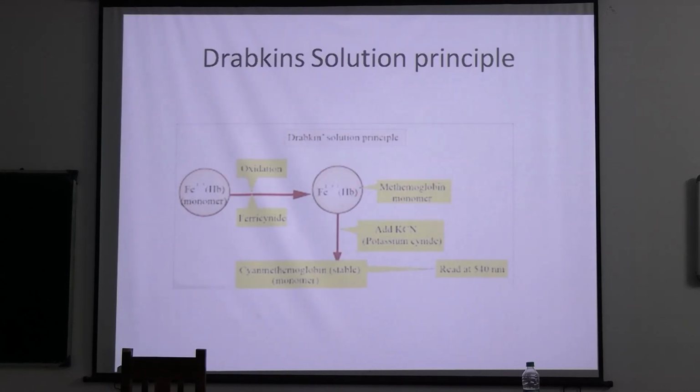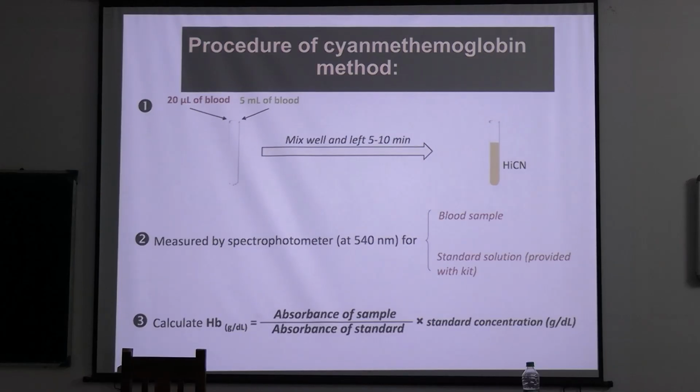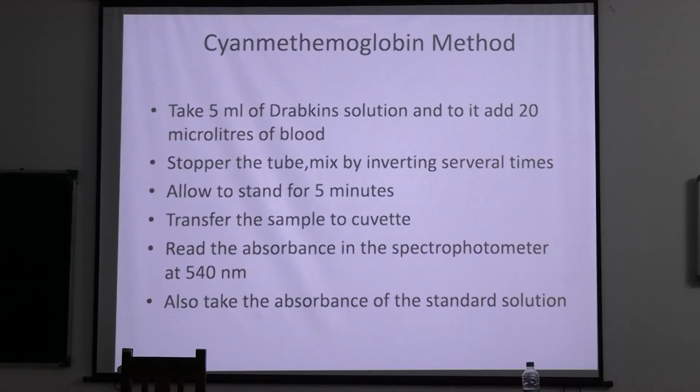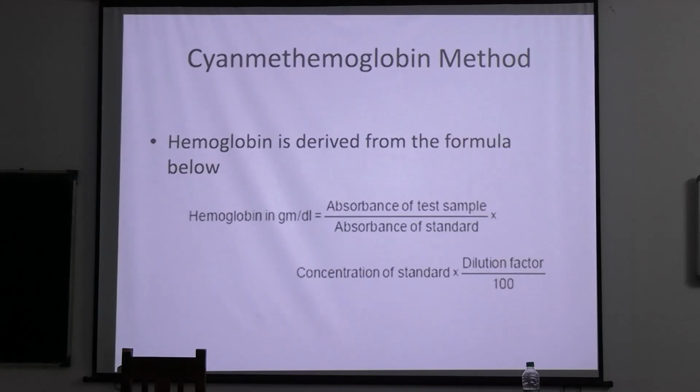You just go through this and remember it by heart, and these are all elaborations of the same method. And if you use a diluent, you have to multiply it with the dilution factor by 100.